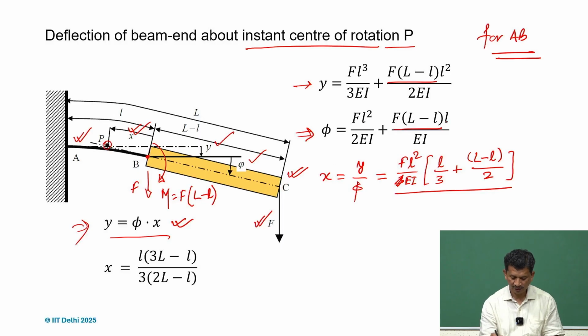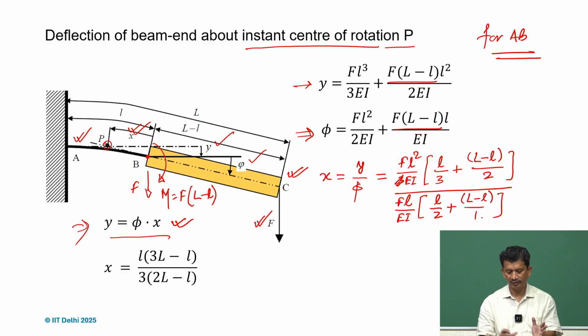Here we can take F l over EI, and taking the common part again, we are left with l by 2 plus F l again out, so we will be left with capital L minus l.